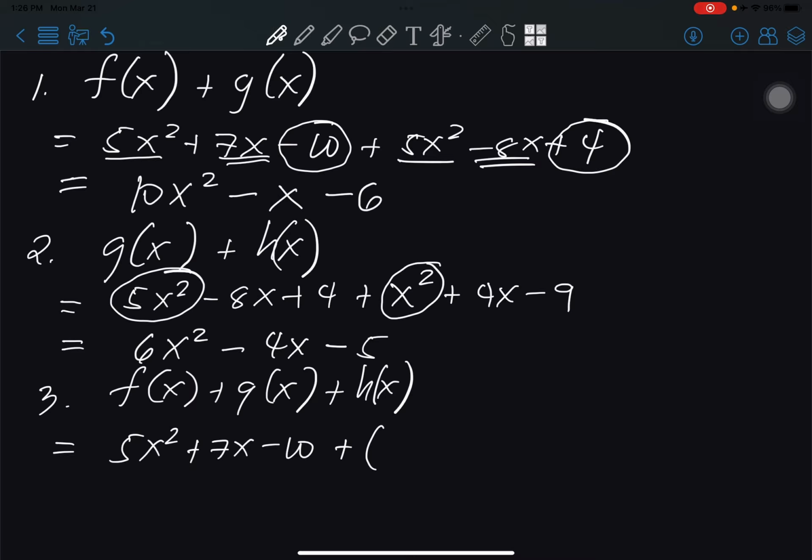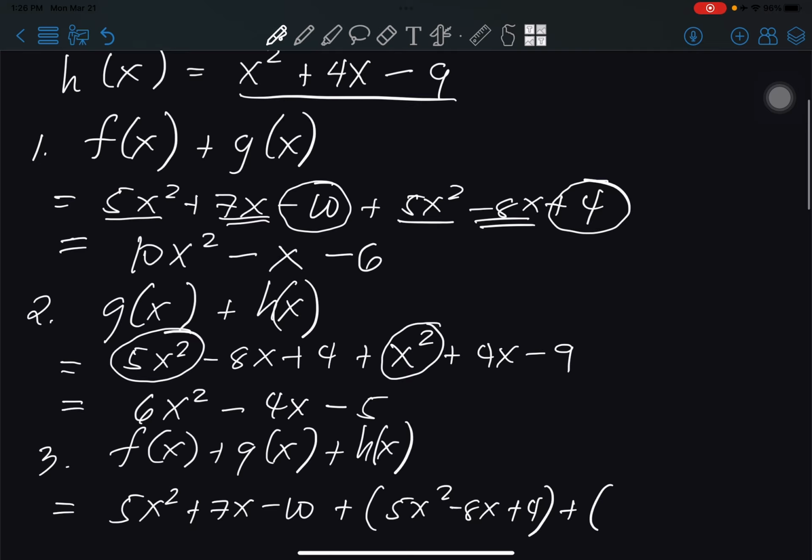Our g of x, we have 5x squared minus 8x plus 4. Then plus, okay, we have our h of x. Our h of x, we have x squared plus 4x minus 9.